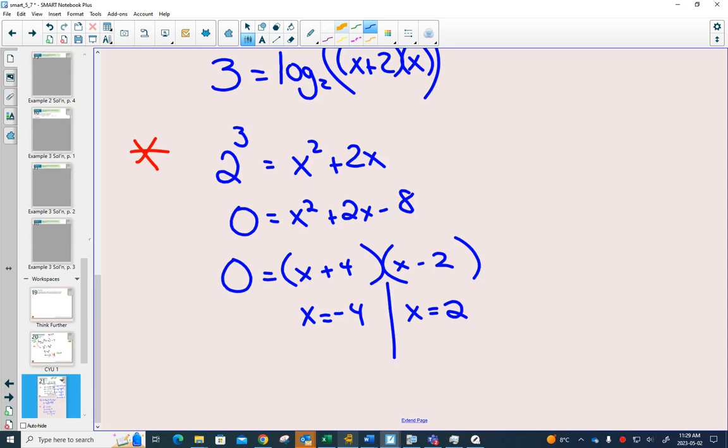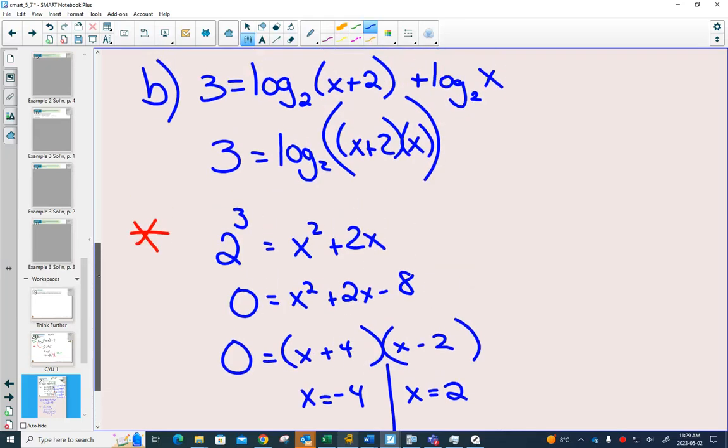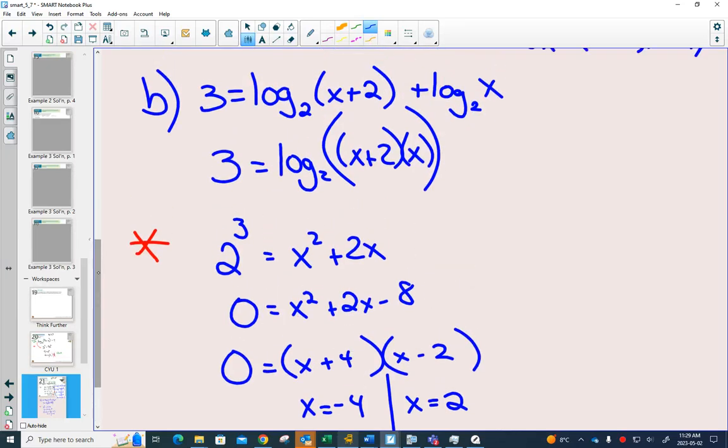Once again, you need to check your original equation. Minus 4 does not work. Plus 2 would give you 4 in this one, 2 in this one. They're both positive. That's fine.